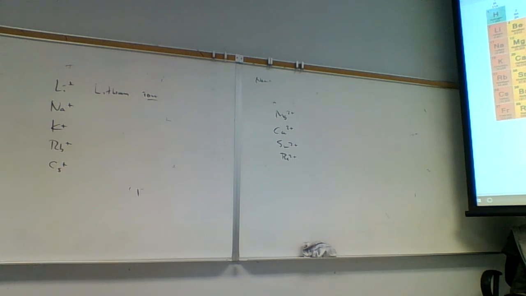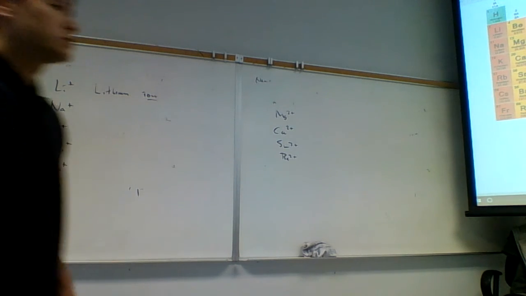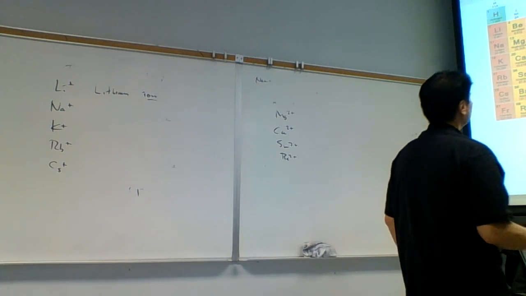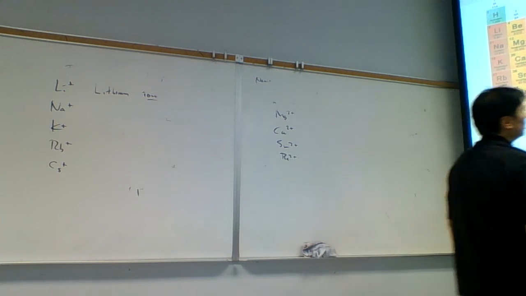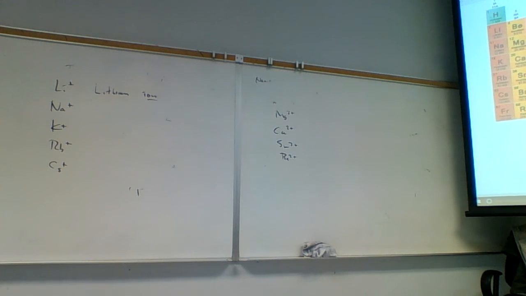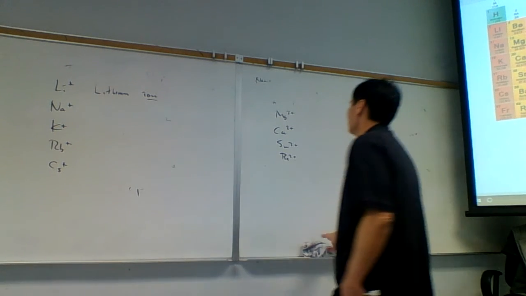The fixed charge members are what we call main group. Main group consists of two blocks in the periodic table. It consists of this block here, of these two columns, and it consists of this block here, but not all of this block, just part of it. And so the way we do that is something like this.